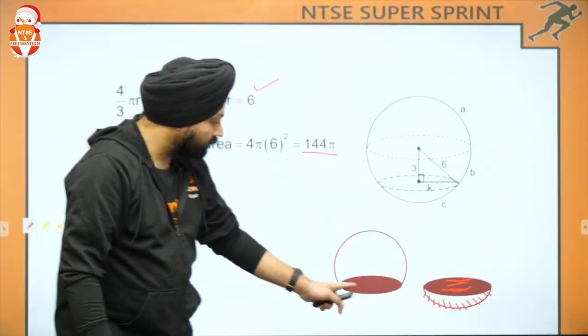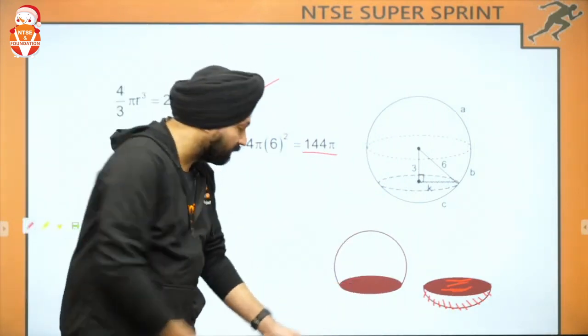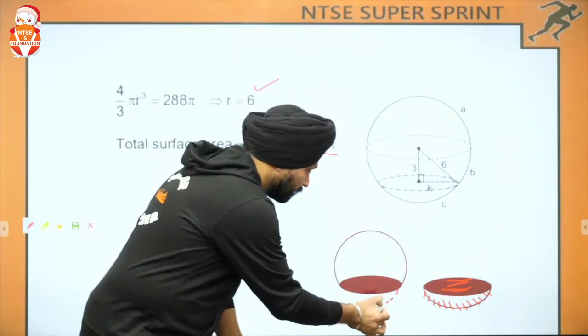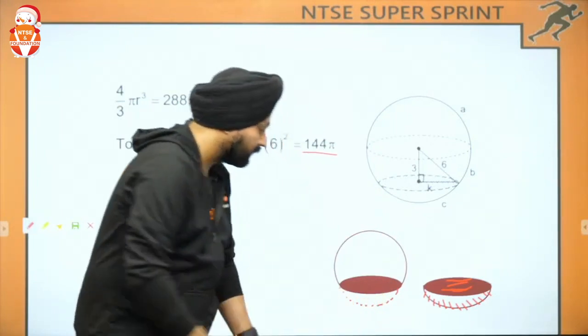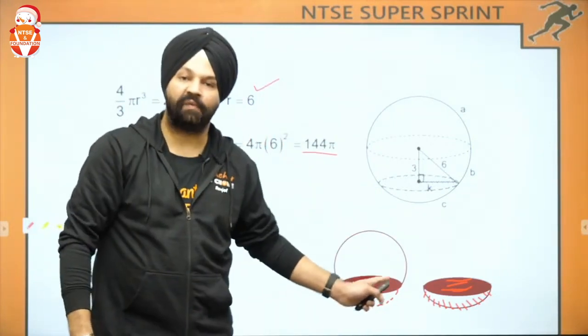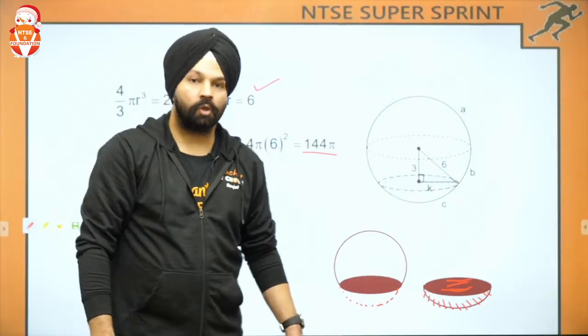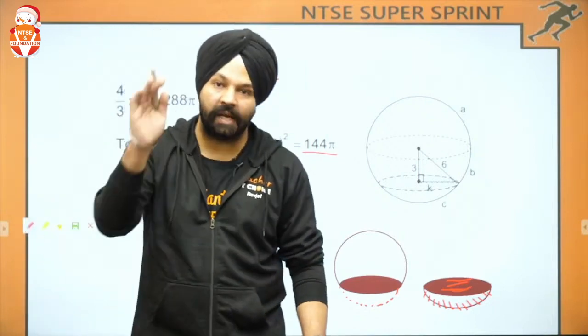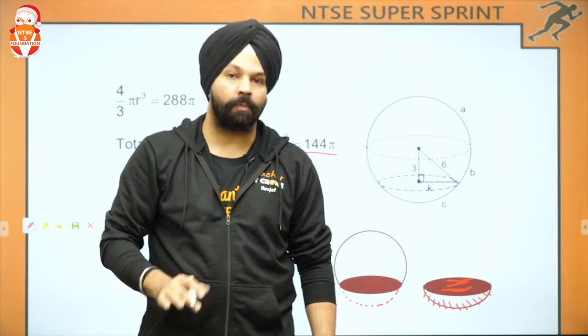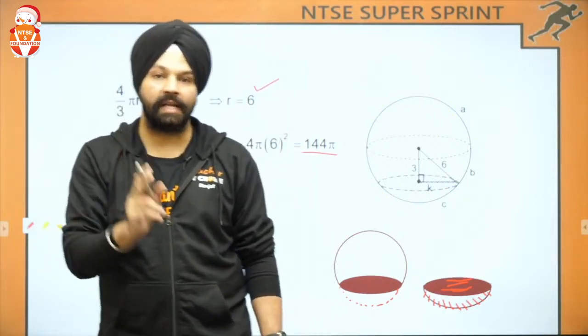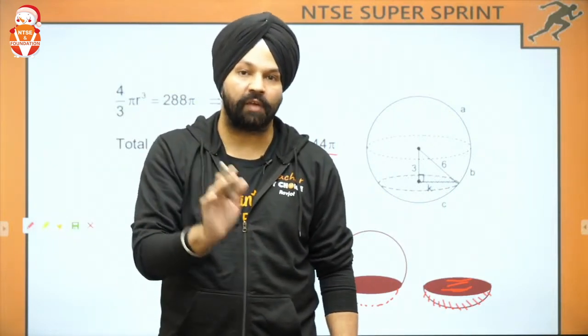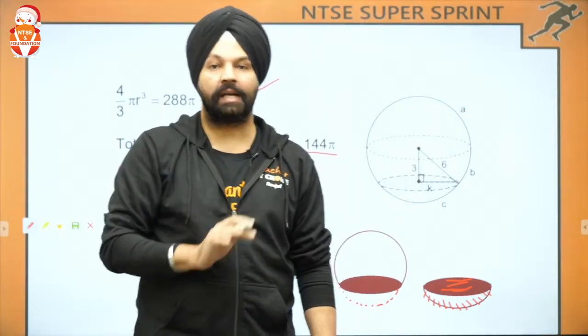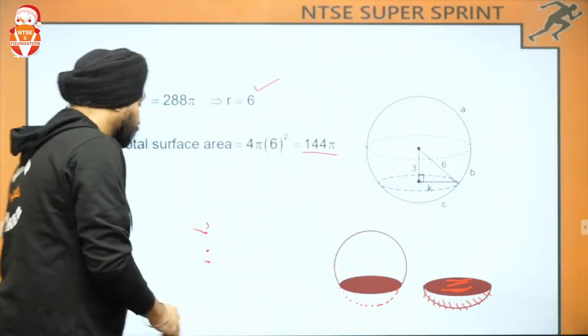You have got a new flat surface, but the curved surface is lost now. Instead of curved surface, you have got a flat surface which is to be calculated. So that means our answer has to be lesser than 144 pi. 144 पाई से हमारा आंसर छोटा आना चाहिए, ये बात तो बड़ी क्लियर है, right?